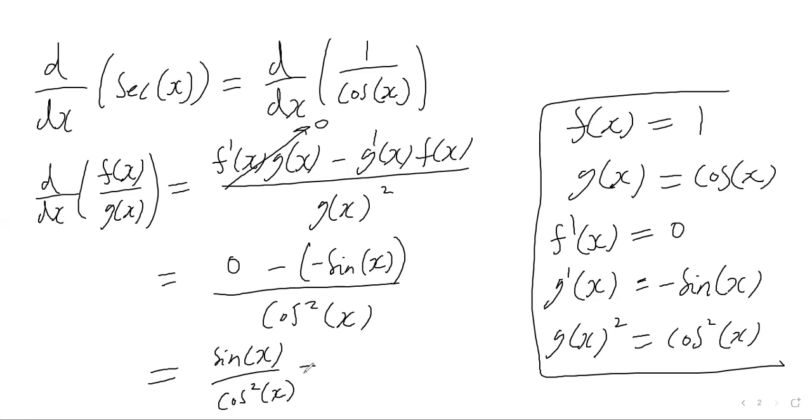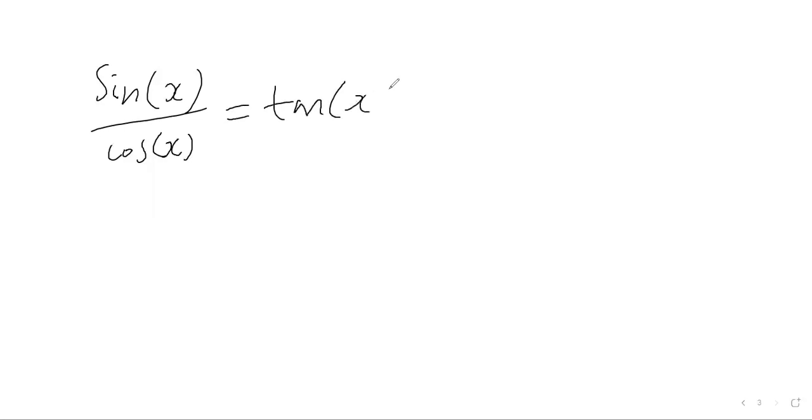We can actually just rewrite this in a different way. So this is just the same as sine of x over cos of x multiplied by 1 over cos of x. So we should know that sine of x over cos of x is just the same as tan, the tangent function.